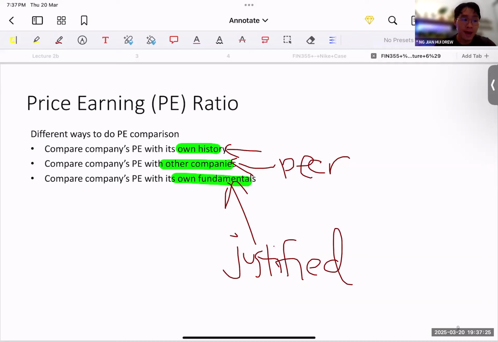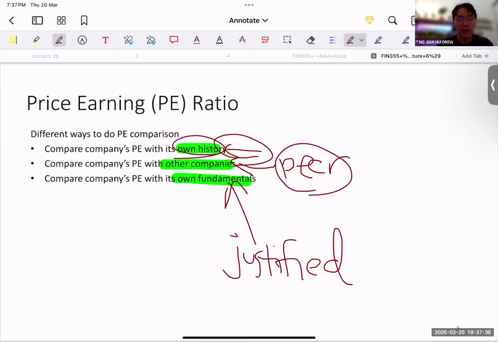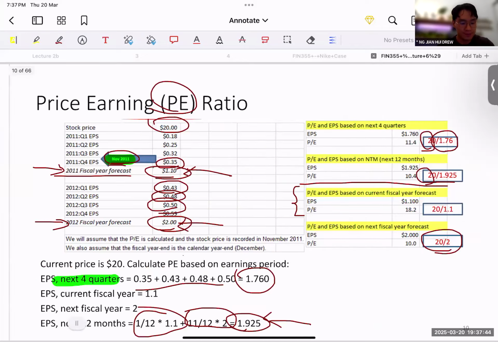For all our ratios, we're going to compare the company's PE with the justified and show you how to do the justified. Because when you compare with the peers or historical, you can plug the figures from Refinitiv, S&P Capital IQ, right? But the justified one is where you might need to calculate yourself.